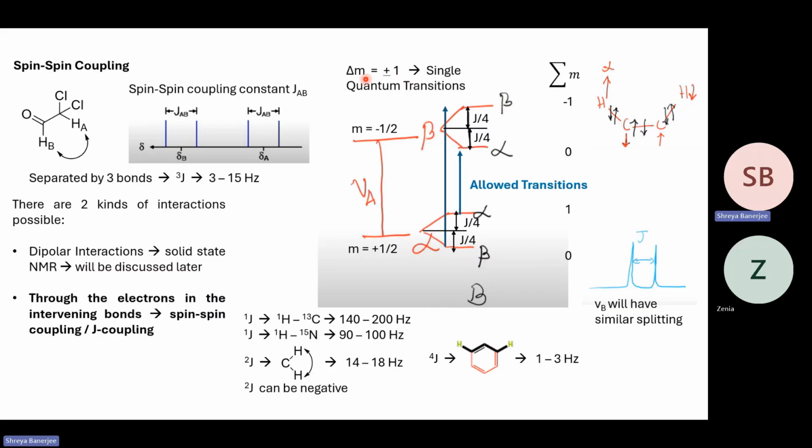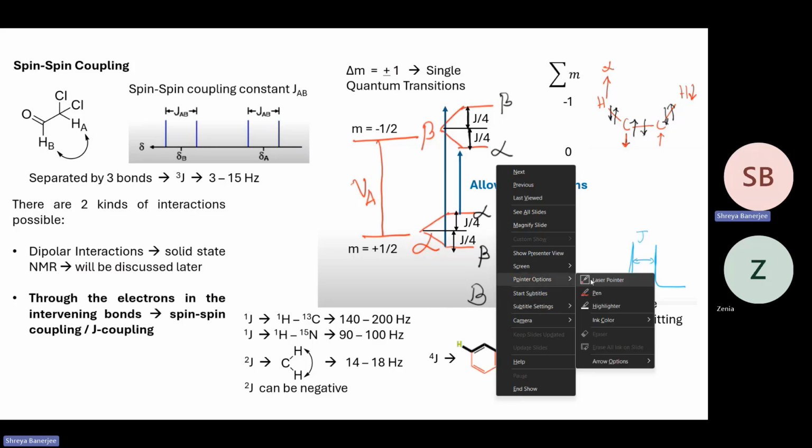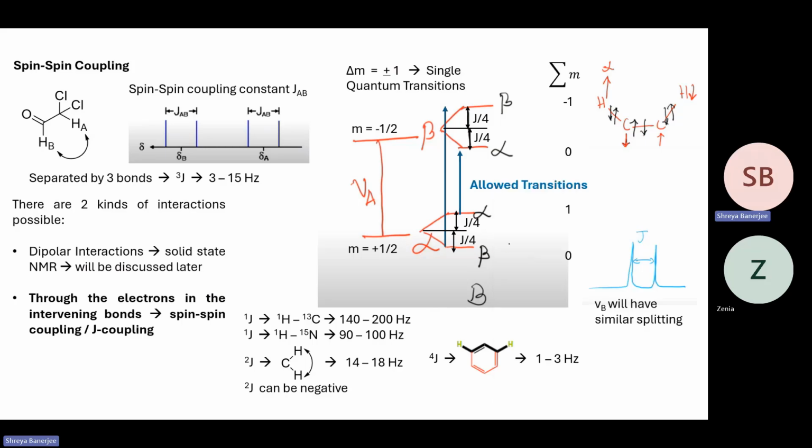The same rule applies, that is only single quantum transitions are allowed. So M can change by plus or minus 1. So let me just write out the states. This state is alpha beta. This state is alpha alpha. This state is beta alpha. This state is beta beta.